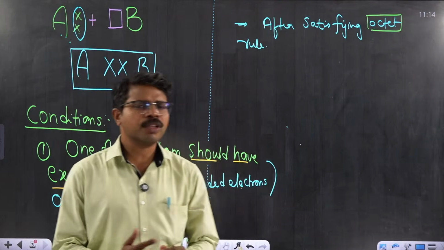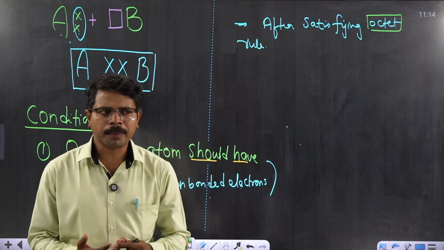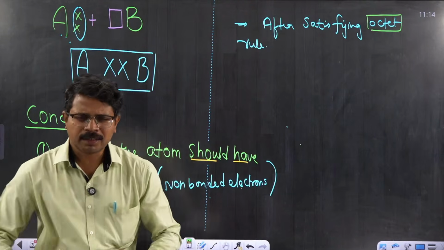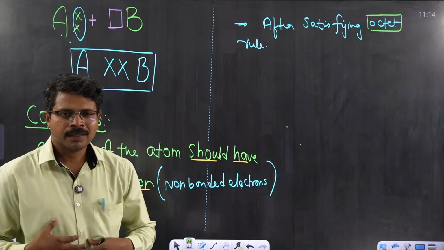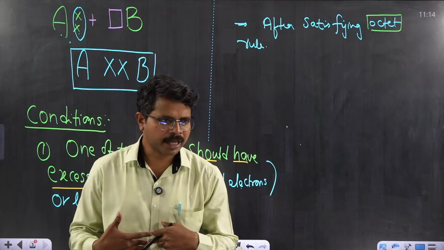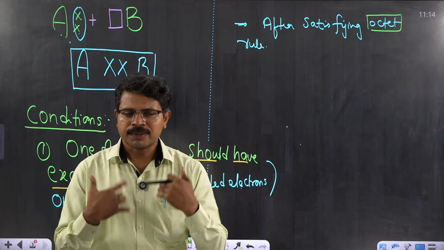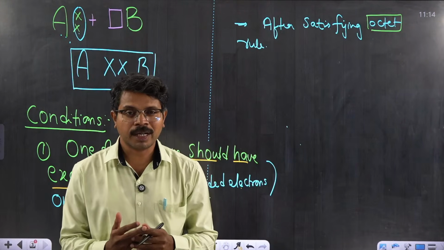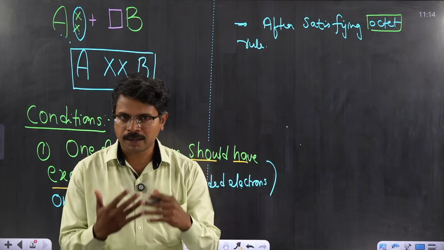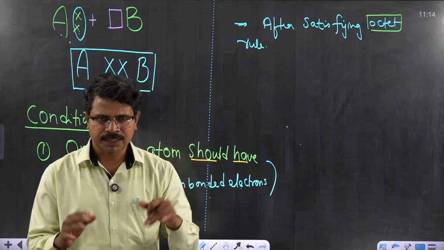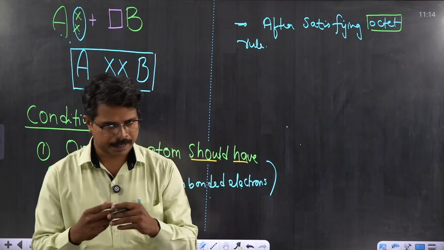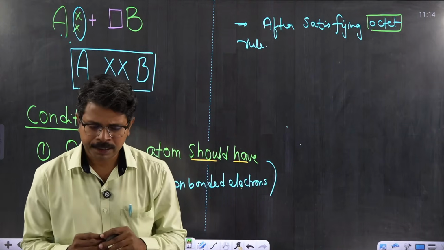In such cases, even if the species contains lone pairs, it can't donate. A simple logic: I need to fill my stomach first, so after satisfying myself, I'll try to share with some other fellows. I must satisfy the octet rule. After satisfying the octet rule, I can share my electrons for bonding. I hope this point is clear.